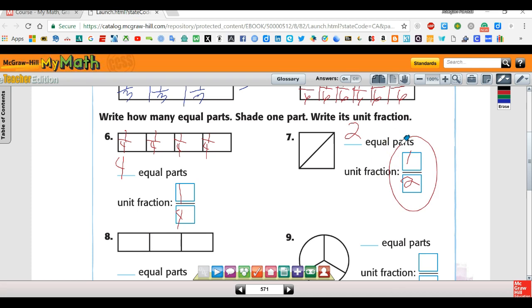What's this fraction? A half. Yes, that's all I need. Now it says to shade 1 part, right? So I need to just shade this. Okay, and then I need to shade this, just 1 part here.